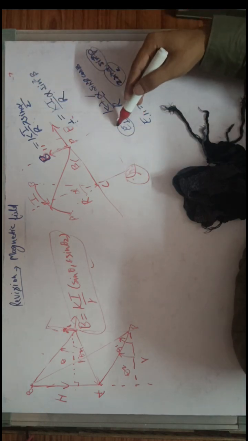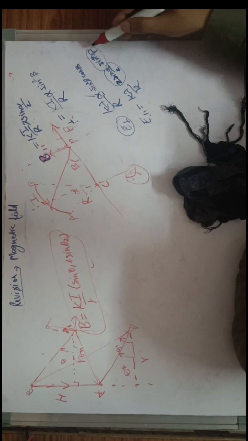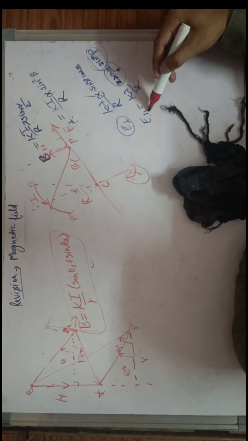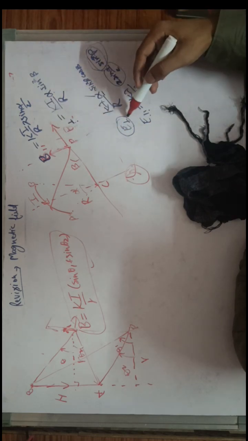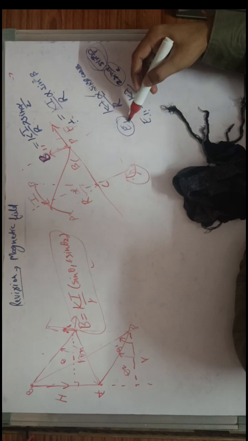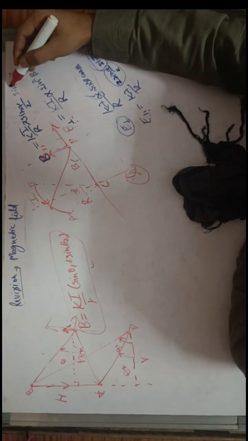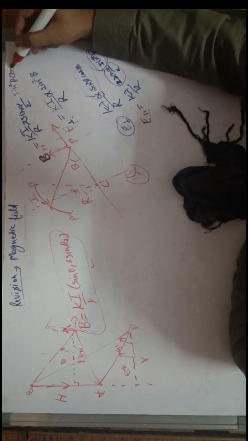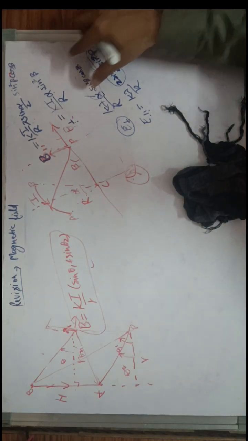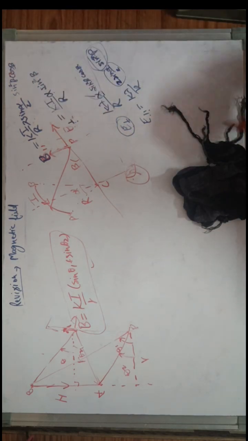So for B perpendicular, we take the sine cube beta from E parallel, and for B parallel, we take the value from E perpendicular, which is sine square beta cos beta. Only these two values are swapped between perpendicular and parallel.